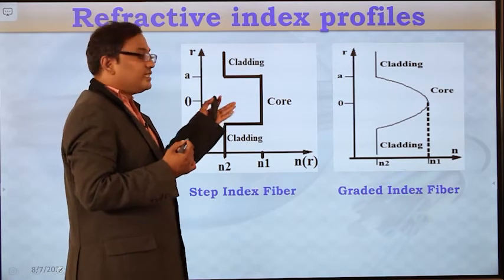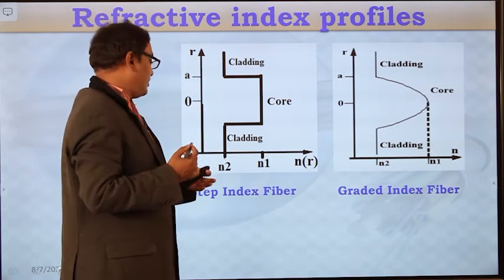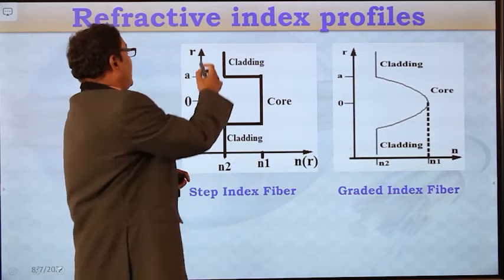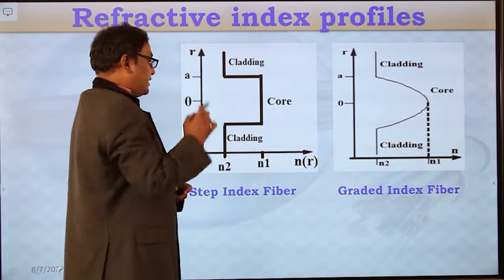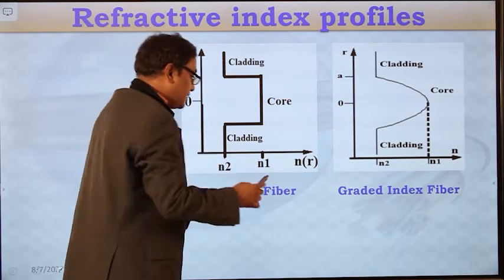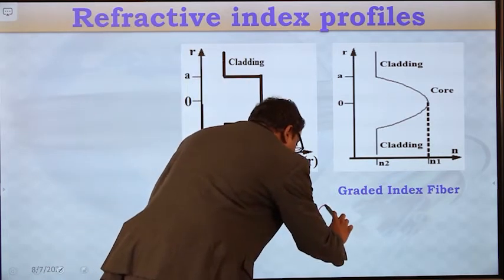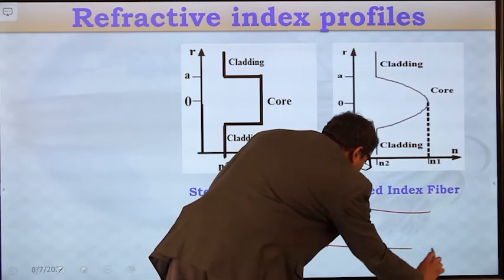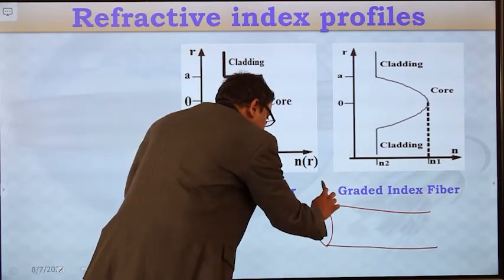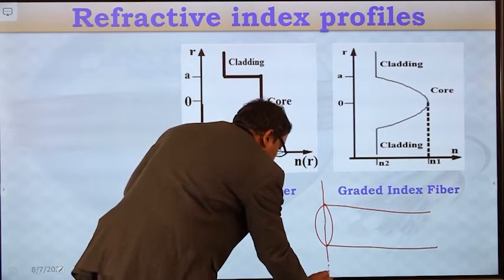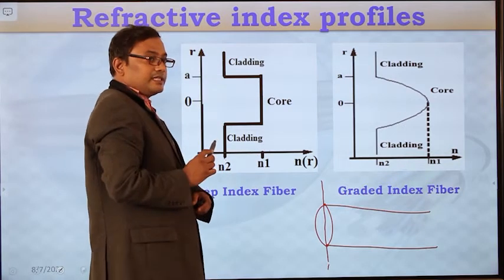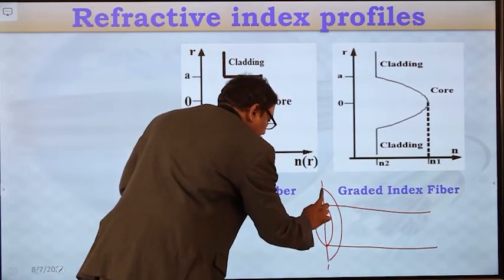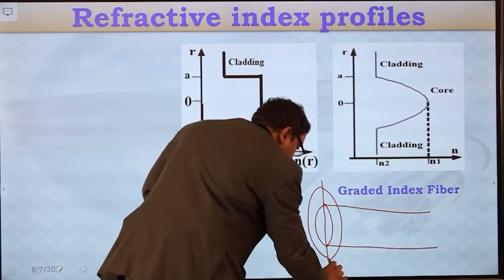And now you can clearly see the refractive index profile of both step index fiber and graded index fiber. Let us consider R is the radial distance. For that, consider the optical fiber cable. This is the core medium. Draw a surface of separation between free space and core, and this core medium is surrounded by cladding.